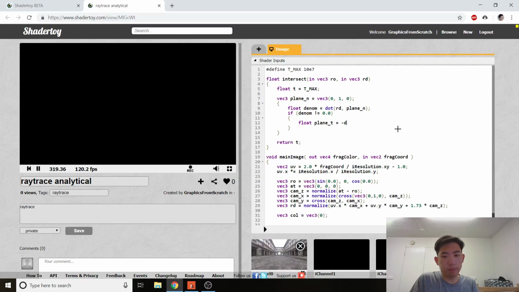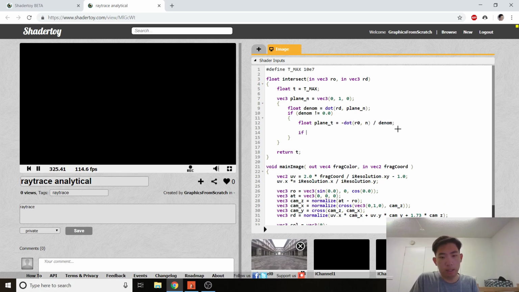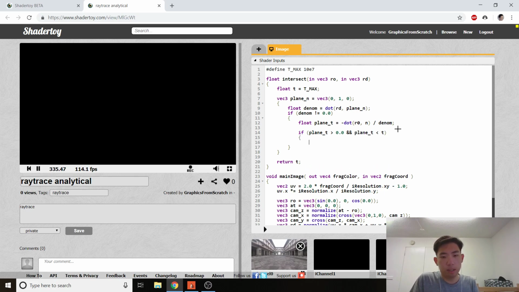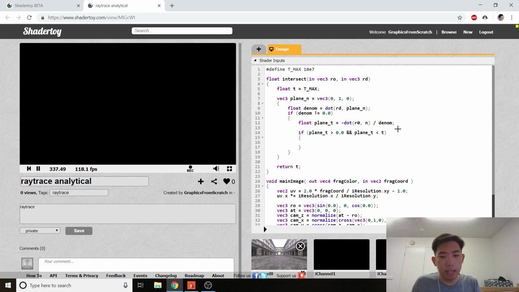That is negative ray origin dot n, divided by the denominator. If plane t is bigger than 0, so if it's positive, and plane t is less than our existing t, that is, if we had a previous intersection, we only update t if the current intersection is closer than the previous intersection.